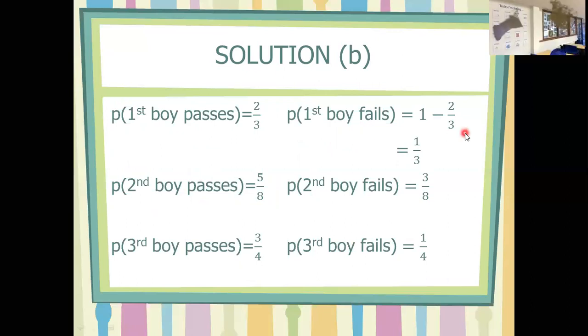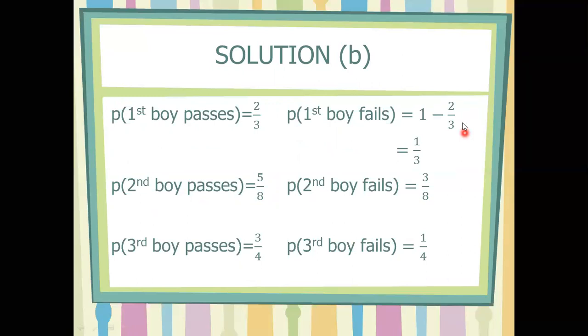In other words, that's going to be 1 minus probability that it passes. Remember, we have talked about probability of something happening as 1 minus probability of the thing not happening. So we have 1 over 3. How did I get my 1 over 3 in such a simple way without working out LCM? That's going to be just the denominator of this 3 minus the numerator, which is 2. So 3 minus 2, that gives me 1. So that's how I got my 1, and it becomes 1 over 3.